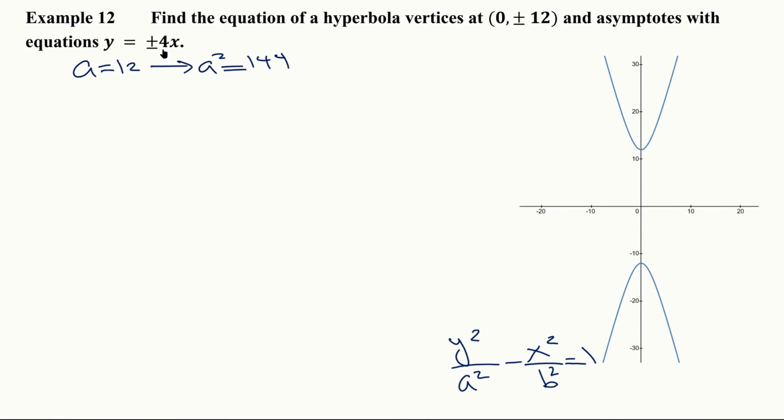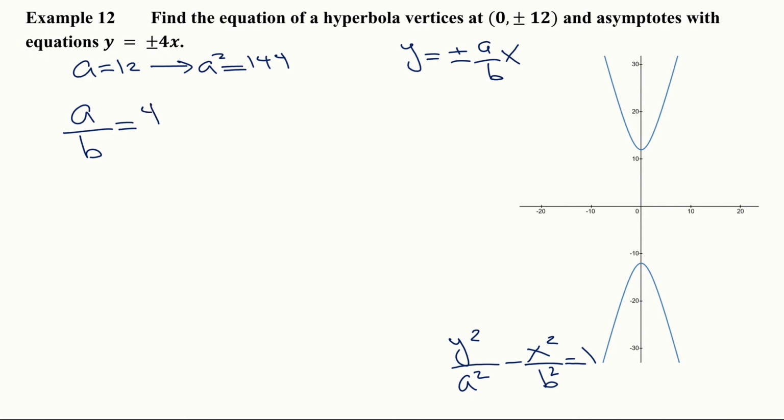We know what that coefficient should be. Remember, it's up-down, so it's going to be of the variety y equals plus or minus a over b x, right? So that means a over b must be what? Must be 4.